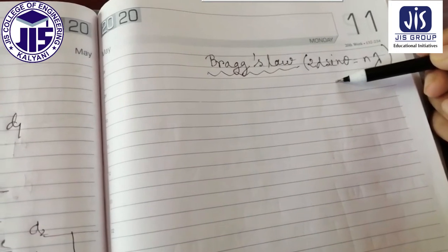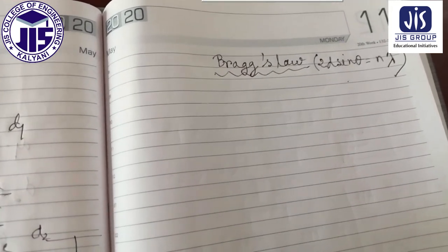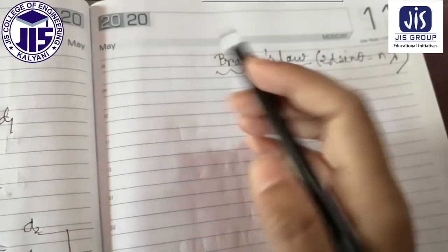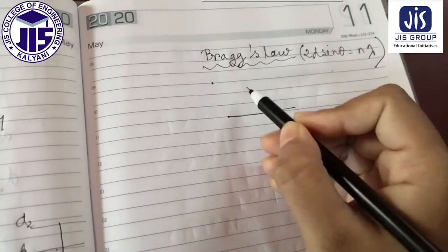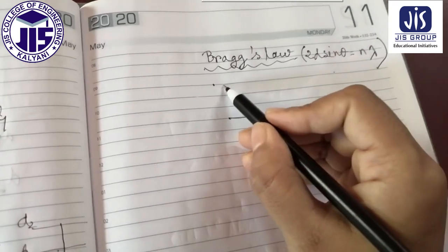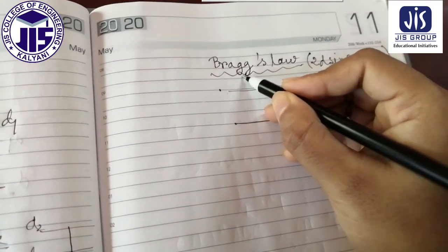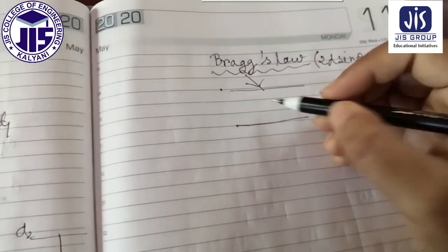Now we will know about the statements also. So what is d, what is theta, what is lambda, each we have to know. Suppose we consider this is the first plane and this is the second plane. Now a ray is incident on the first plane and then scattering happens.